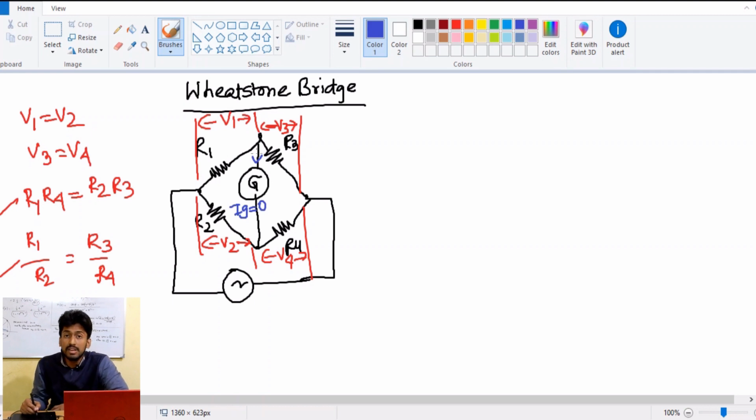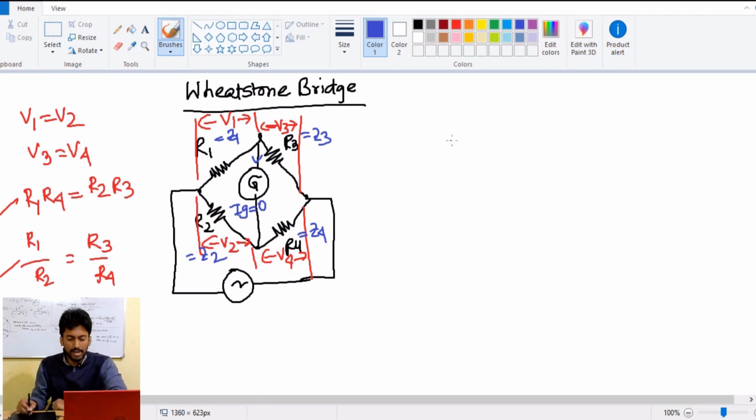Whatever connection is there, be it resistance, inductance or capacitance, we can convert it to equivalent impedances and the same phenomenon remains true for them also. This is a very good technique to calculate circuits, and whenever you have such a problem, you can easily solve it.